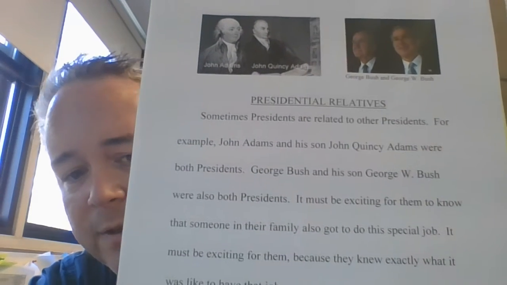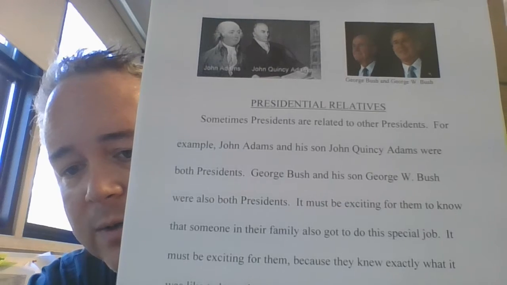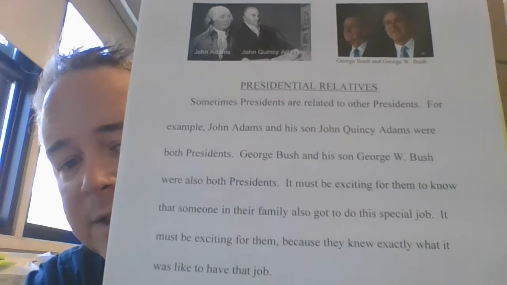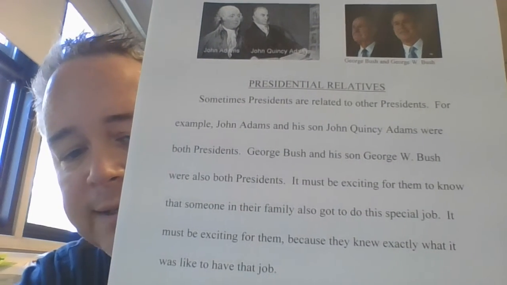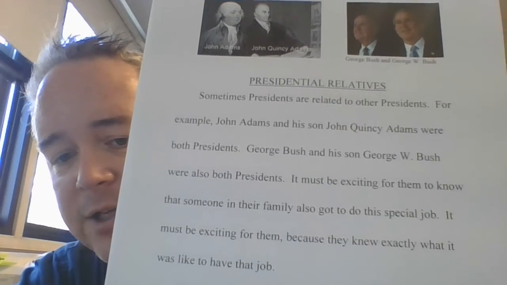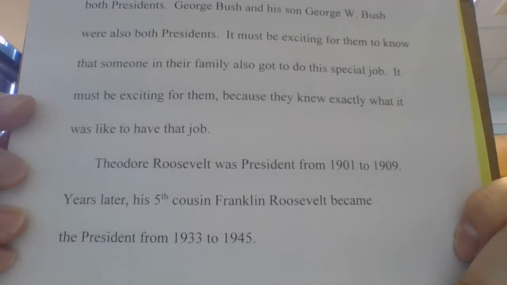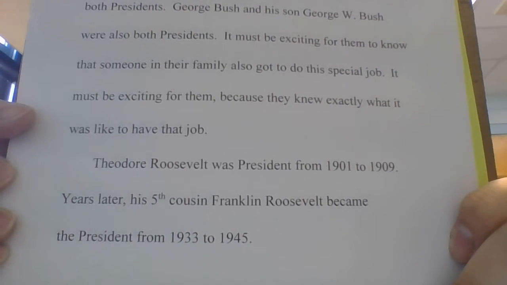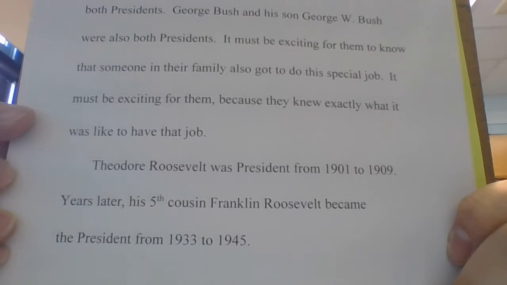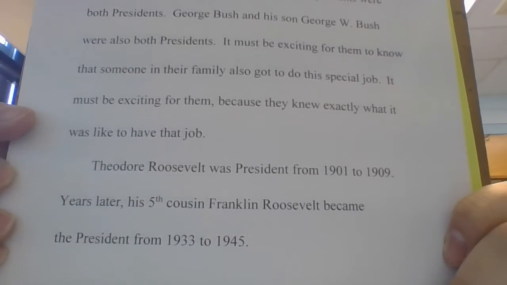It must be exciting for them to know that someone in their family also got to do this special job. It must be exciting for them because they knew exactly what it was like to have that job. Theodore Roosevelt was president from 1901 to 1909. Years later, his fifth cousin, Franklin Roosevelt, became the president from 1933 to 1945.